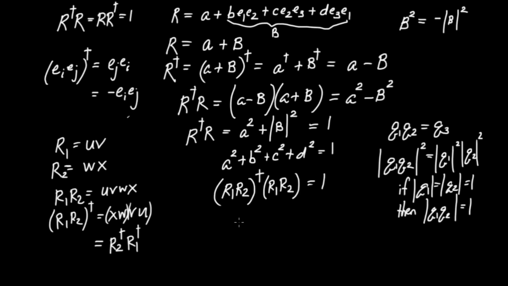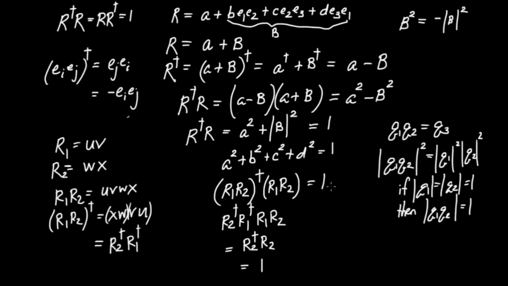Now check this out. For (r1 r2) dagger times r1 r2, we have r2 dagger, r1 dagger times r1, r2. r1, by assumption, is a rotor. Therefore, r1 dagger times r1 is equal to 1. Therefore, that's the same as r2 dagger times r2. r2 also, by assumption, is a rotor, which means that's equal to 1.